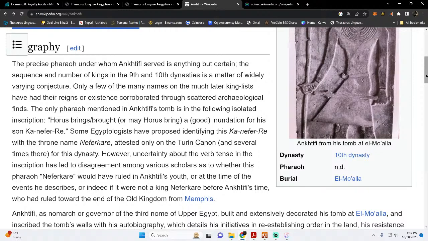It says, however, uncertainty about the verb tense in the inscription has led to disagreement amongst various scholars as to whether this pharaoh, Neferkara, would have ruled in Antefi's youth, or at the time of the events he describes. Or indeed, if it were not a king, Neferkara, before Antefi's time, who had ruled toward the end of the Old Kingdom from Memphis.